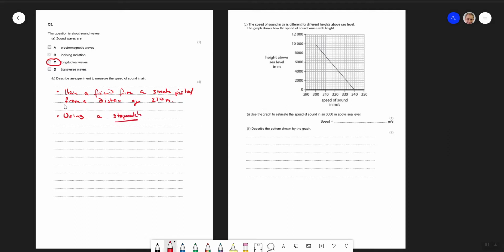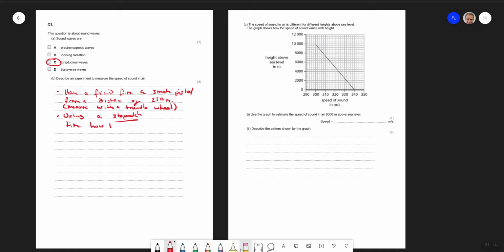Actually, I'm going to measure that distance as well, so measure with a trundle wheel. I don't know whether they're giving me a mark for measuring with that, but I'm going to check. Using a stopwatch, time how long.